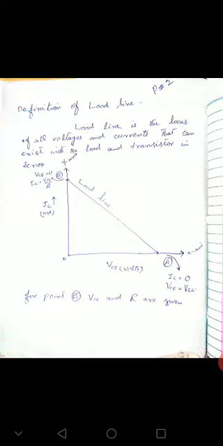Now these 2 points A and B are joined together via a straight line. This straight line is known as load line. Here in diagram it is evident that load line gives all possible relations between IC and VCE.